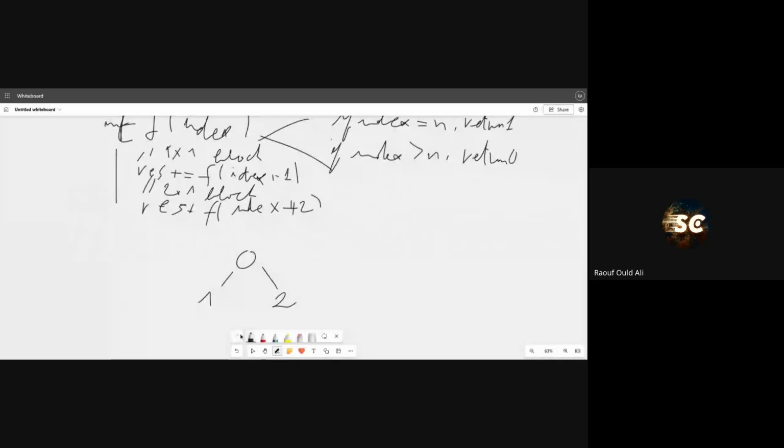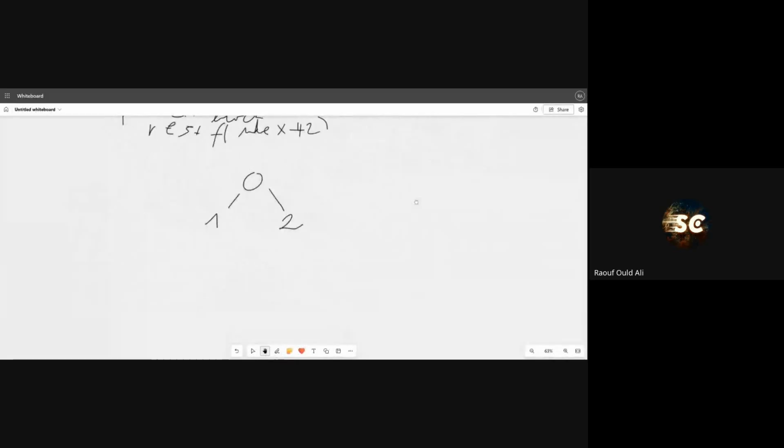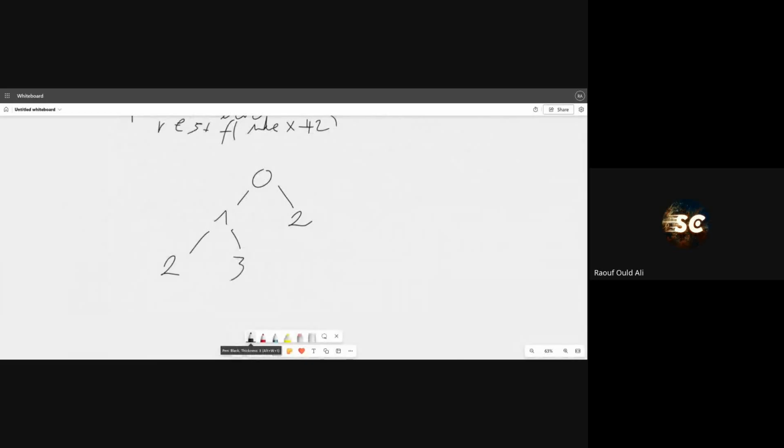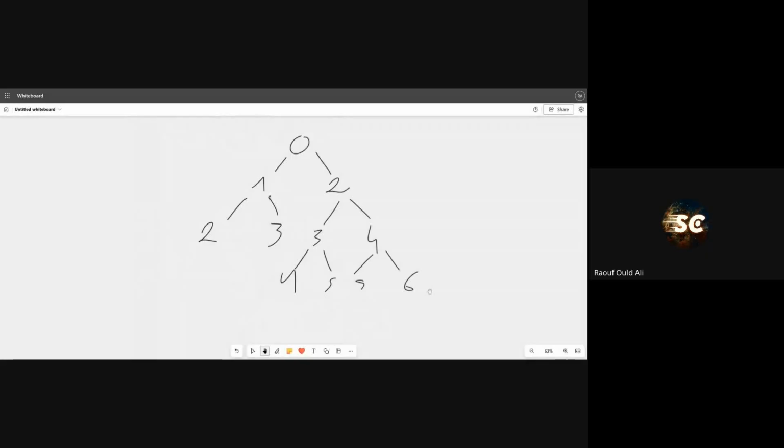Now to compute f of 1, we will compute f of 2 and f of 3. To compute f of 2, we'd need f of 3 and f of 4. Here we'd need f of 5 and f of 6. Here, f of 4, f of 5.